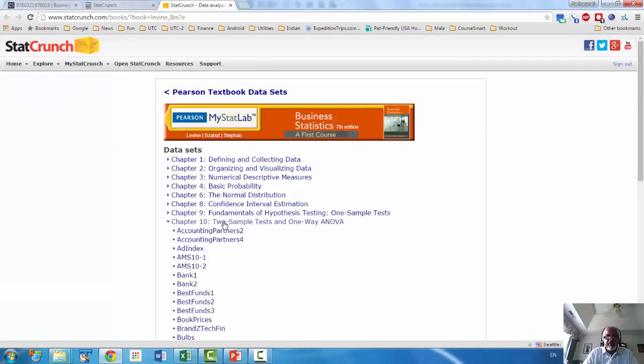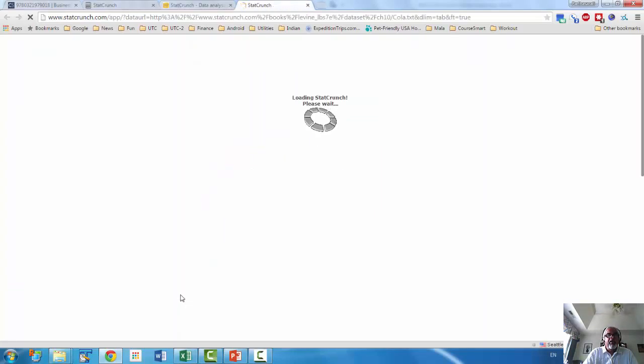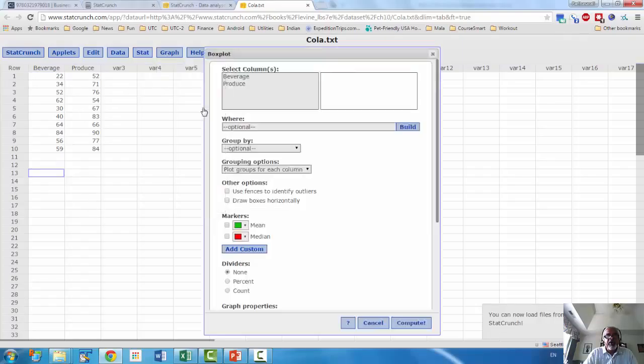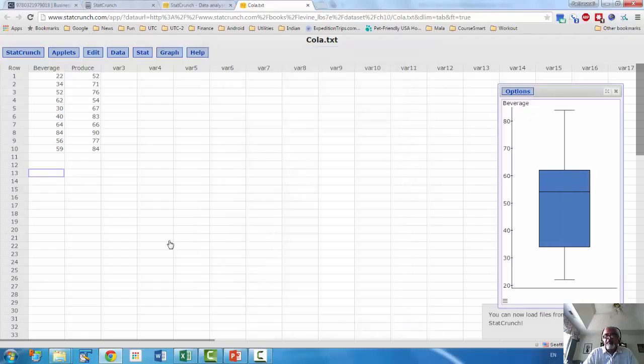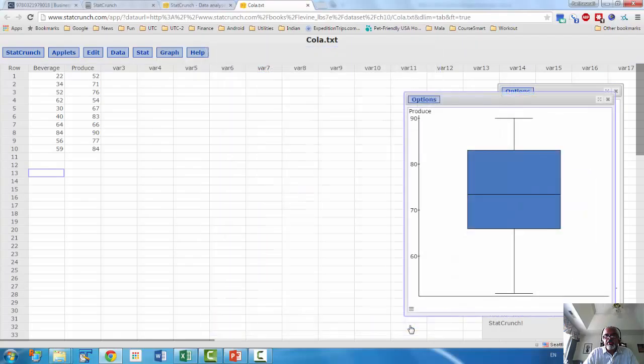Chapter 10, I think it is under cola. So now we have beverage location and then produce location. Okay, so go to graph, box plot, beverage, compute. So we have that, and then produce location.